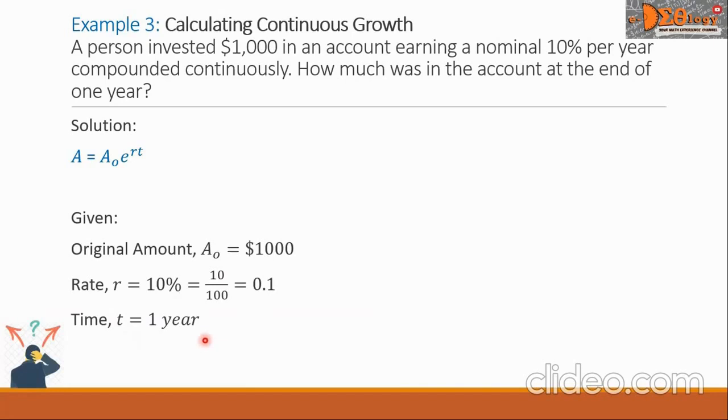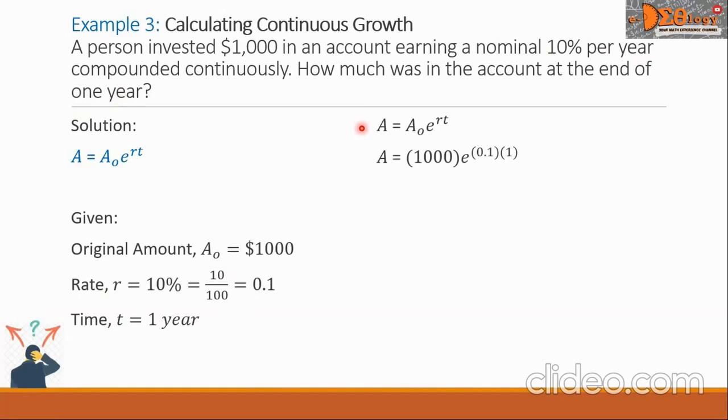So let us check again if our rate and the time are of the same unit of measurement. Our rate is 10% per year, and the time is 1 year. So they are the same. We will now proceed with our computation. Listing our formula again, it is now here.